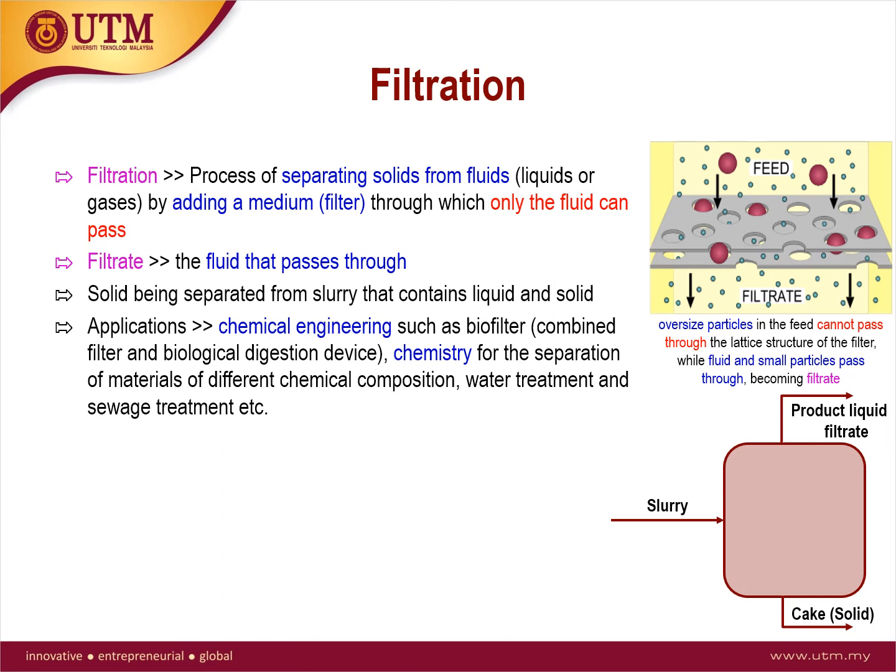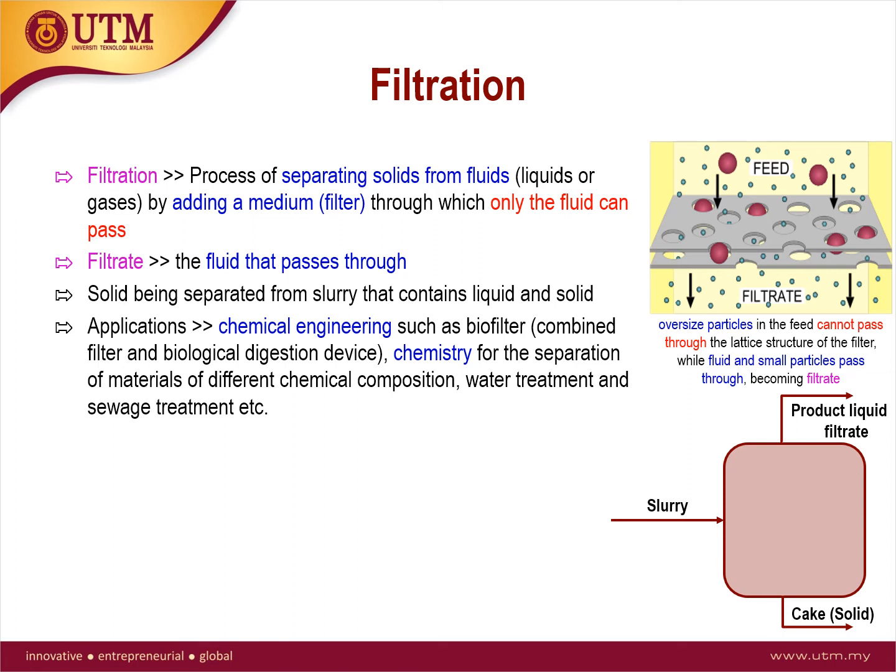In chemistry, filtration is used for the separation of materials of different chemical composition, such as the coffee filter to keep the coffee separate from the grounds, and the bag filters to extract precious metals in mining. Then, the furnace uses filtration in order to prevent the furnace element from fouling with particulates.